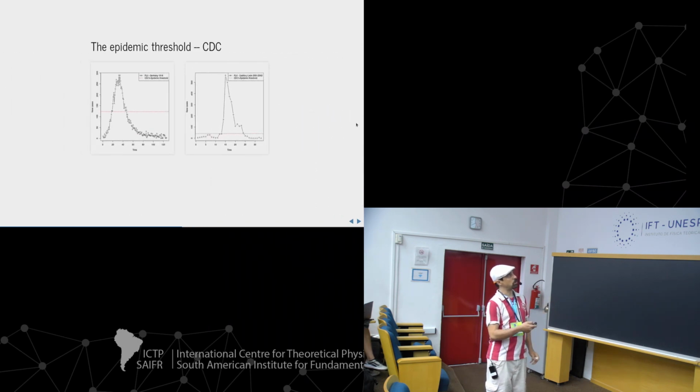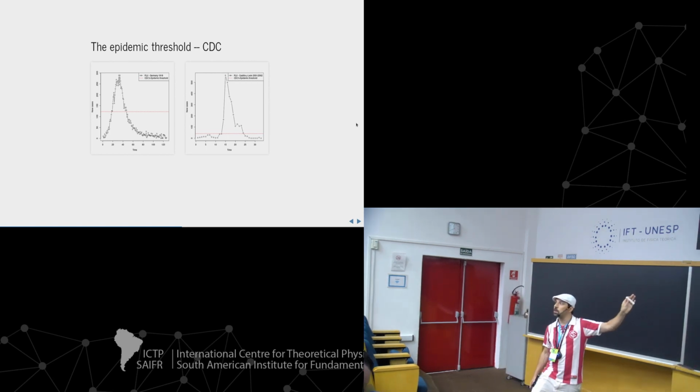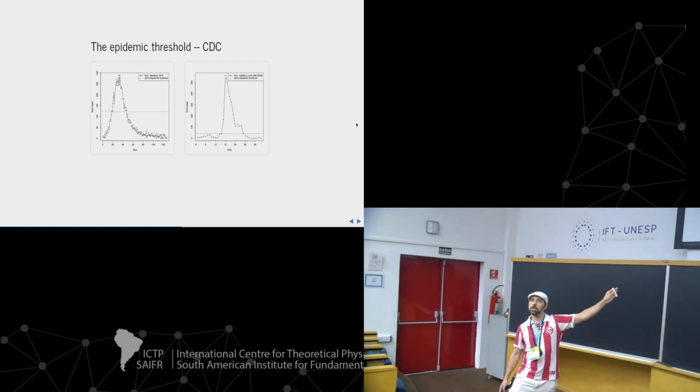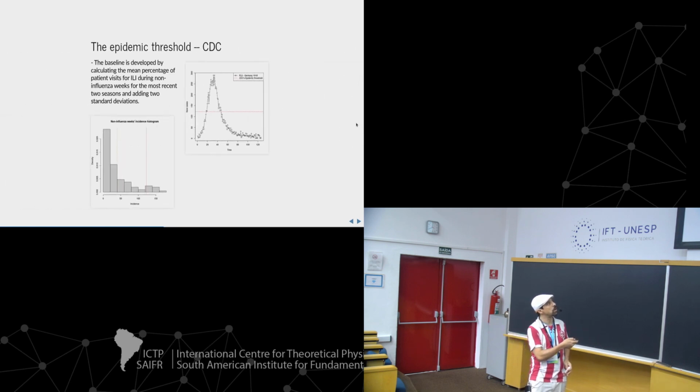Another important point, of course, here we are just looking at one single season. The more seasons that we have, in principle, the better my estimation will be, because I will then have more observations for my out-of-season or out-of-outbreak activity.